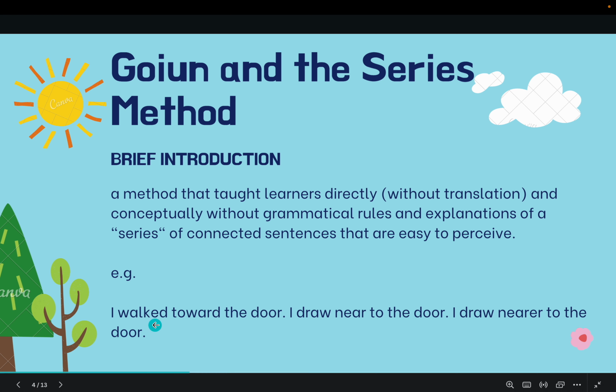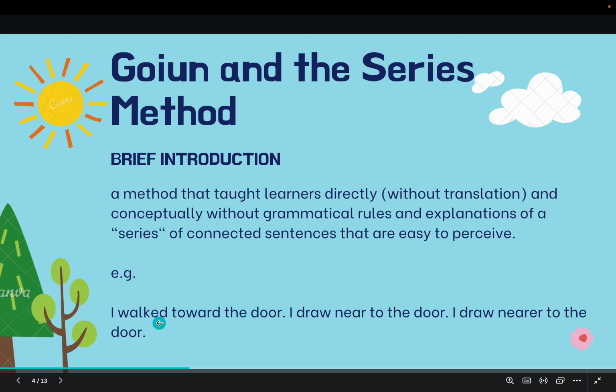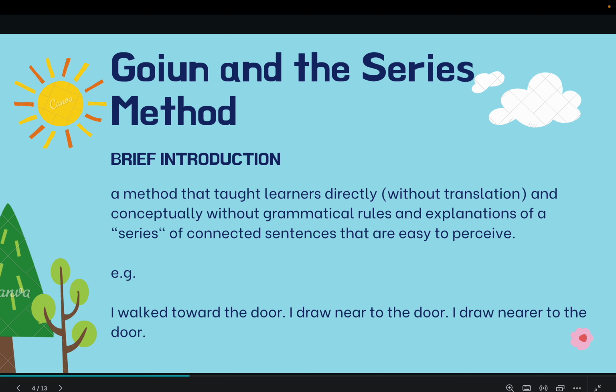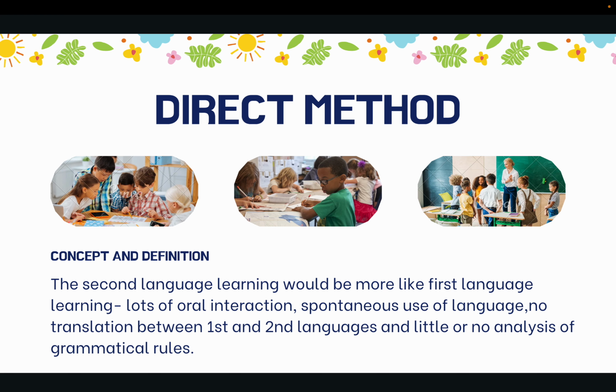You can look at the form of the verb here, walk, as past tense. Toward the door, near to the door, nearer to the door. While these series of sentences vary in their meaning, we can actually make sense of how the words are changing, or how their forms are changing, while the meanings also change.